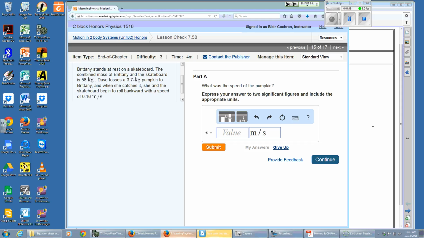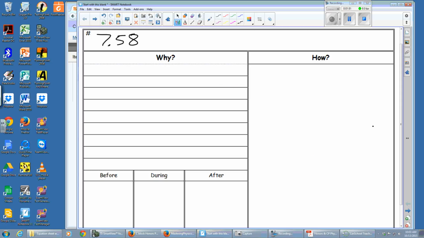So that's what I would put here: this is an inelastic collision. My clue was 2 bodies before, 1 after in the system.